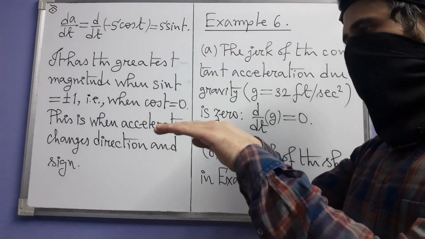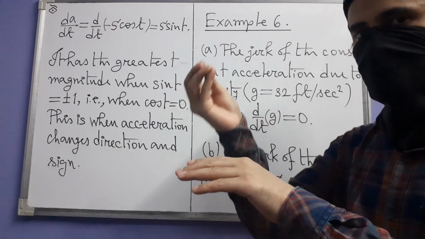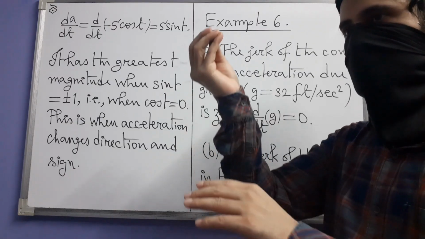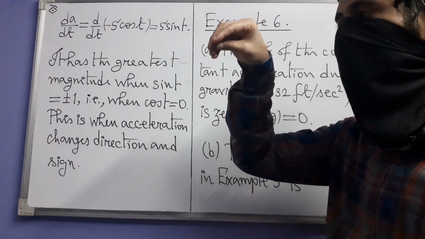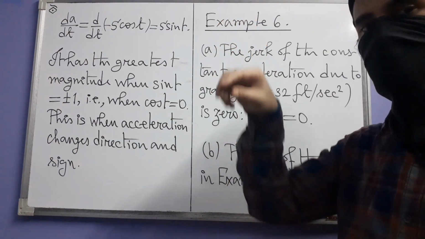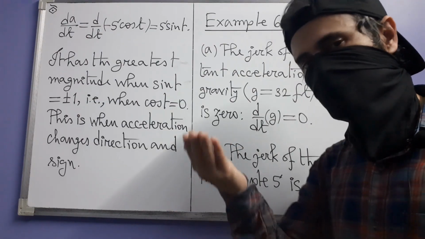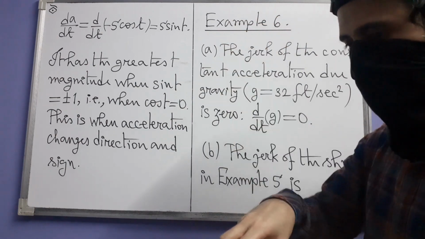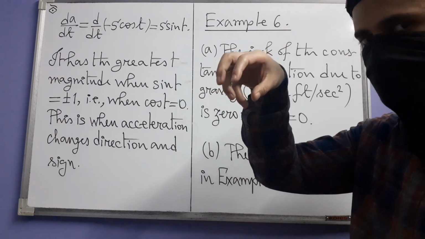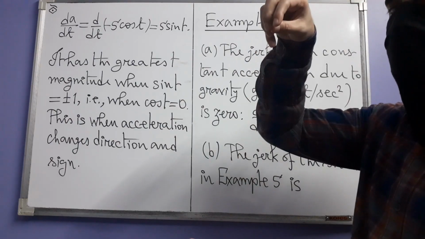Do not forget that as the body goes up, its velocity actually decreases, and it very nicely comes to rest, and then again it picks up speed during its downward motion, and the same thing happens during the other half also. It goes down, but as it does so, its speed decreases, and then again slowly it picks up speed.